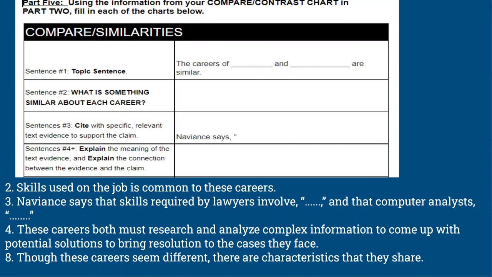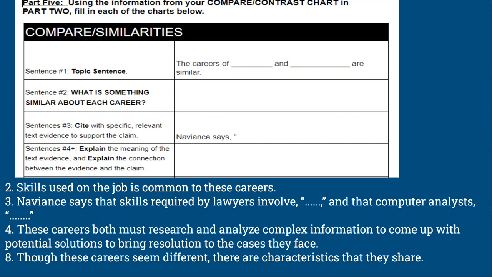The next thing you're going to do is name the similarities, going back to what you wrote in part 2, where you wrote down similarities and differences. Go ahead and identify one of the similarities. Keep in mind, you wrote 3 similarities in part 2. You're only going to be writing about 2 of those.